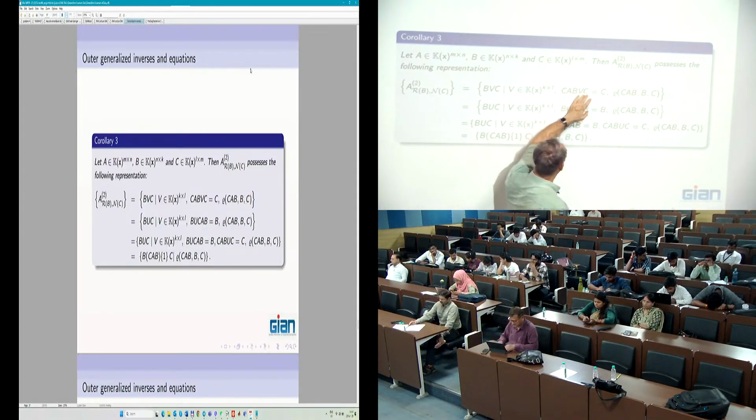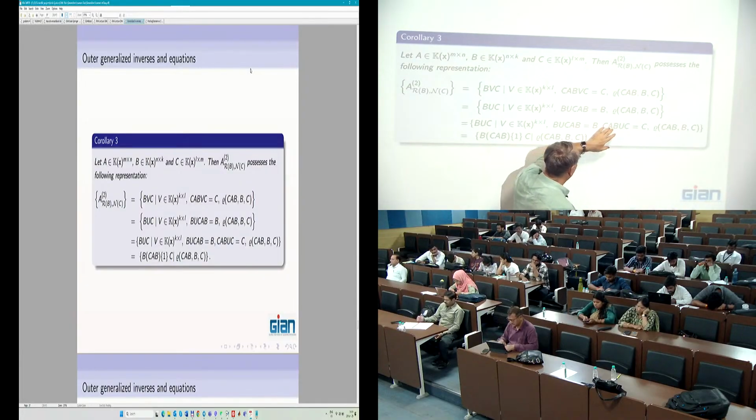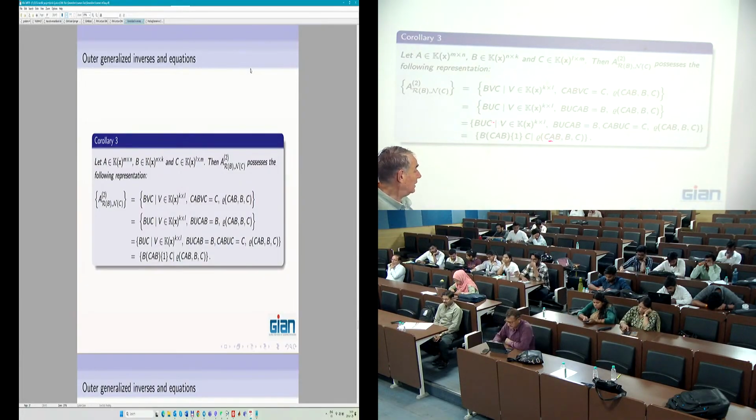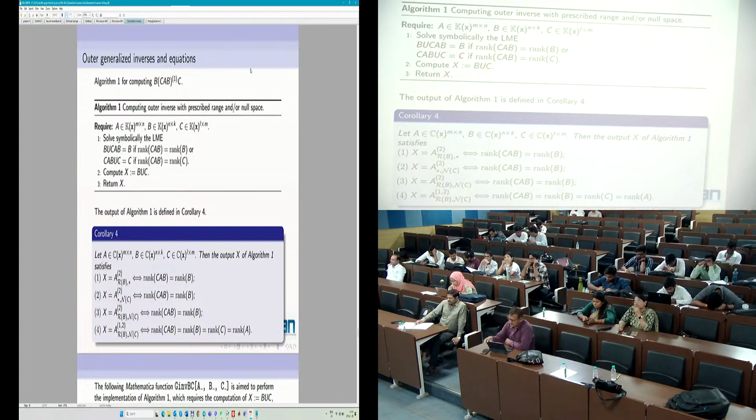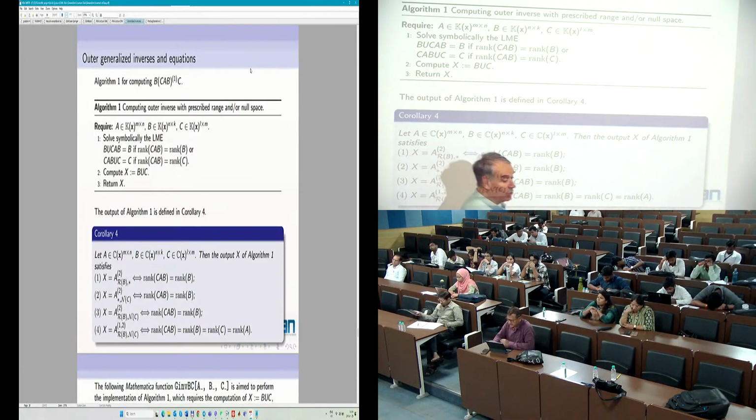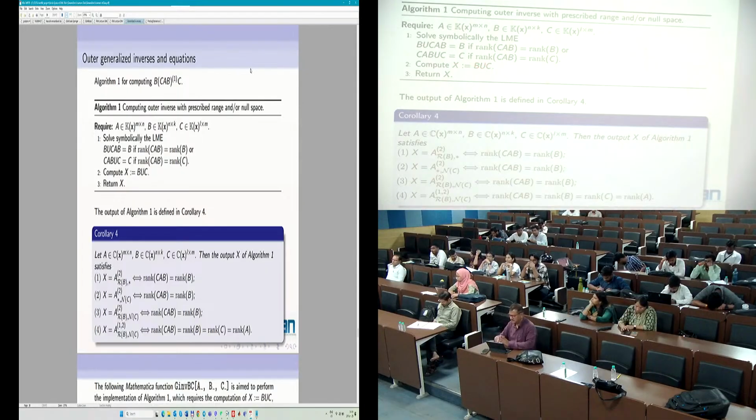Here is an arbitrary solution of these two ranks of C, and use it as our unique outer inverse. Solve symbolically if rank of CAB gives dual matrix equations. One of these two equations is solved according to BUC. If the value of B or rank of CAB is less, this algorithm is not applicable.